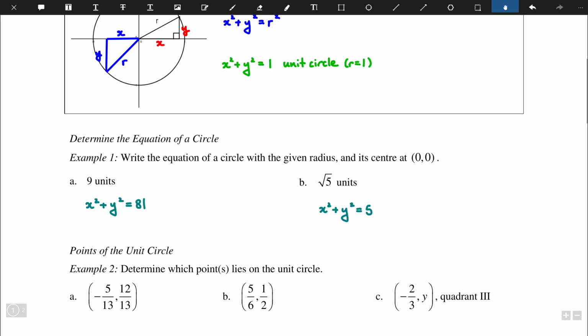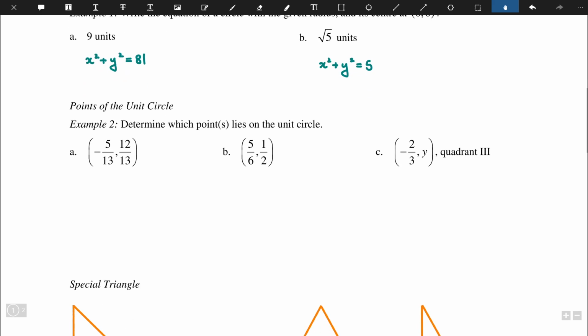Okay. Another way to work with the unit circle is to look at points which lie on the unit circle. So we have a couple of points here, A and B. The way that we find whether the points are on the unit circle is by substitution. So we start with x squared plus y squared is equal to 1. We can now substitute in negative 5 over 13 for x, squared, of course, plus 12 over 13 all squared.